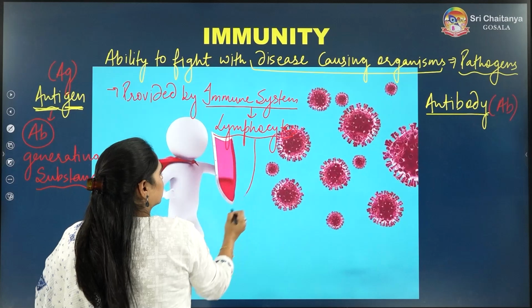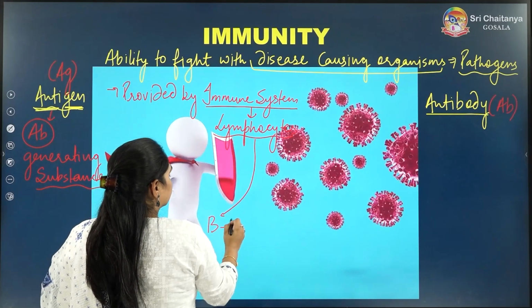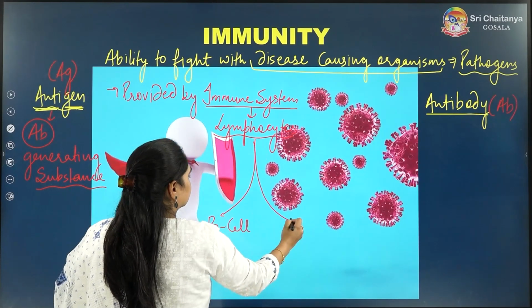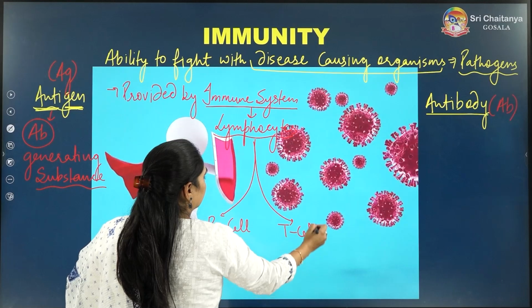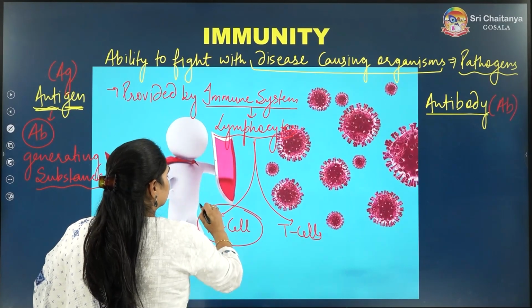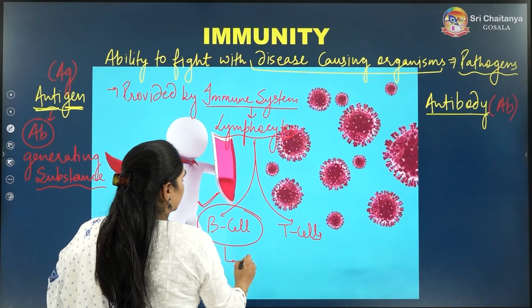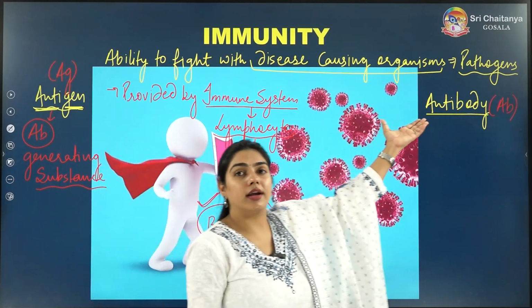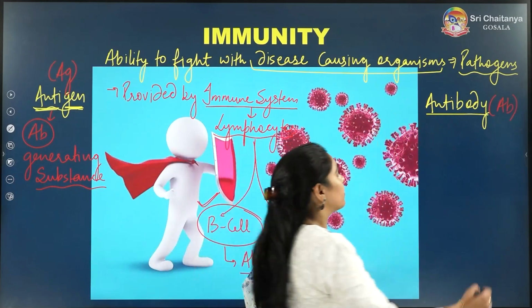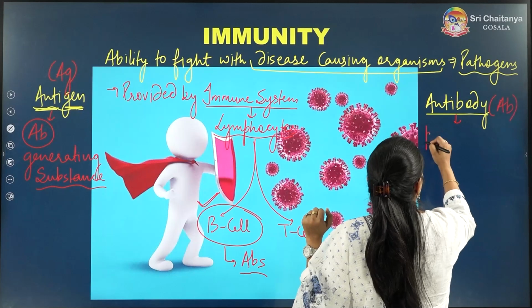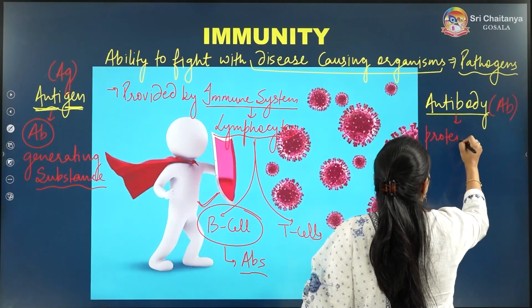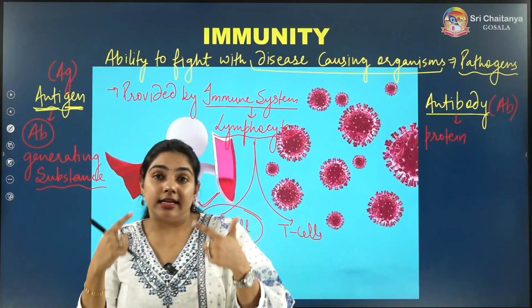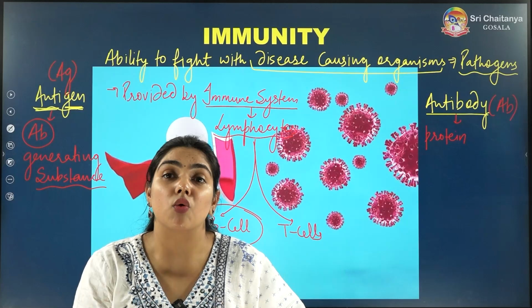And these lymphocytes will be of two types, B cells or B lymphocytes, and T cells or T lymphocytes. Here these B cells will produce these antibodies. So antibody is what? Antibody is a protein produced against what?